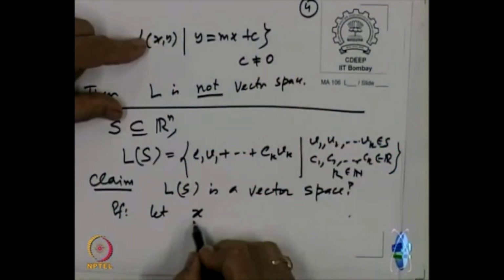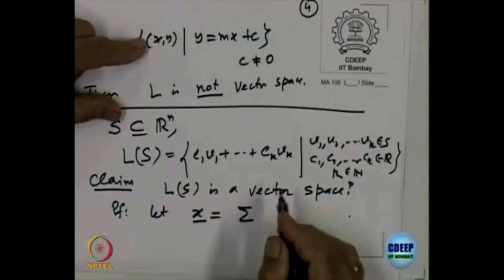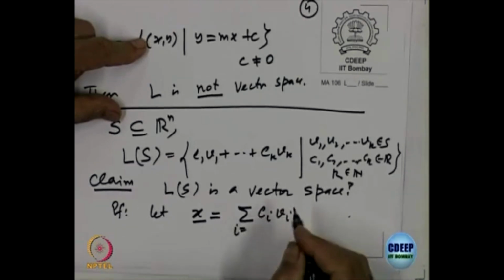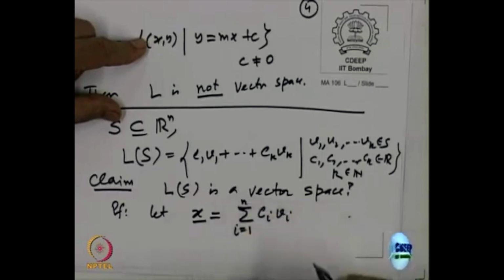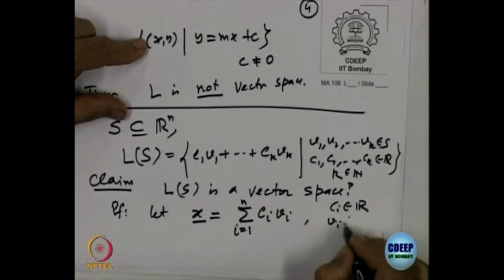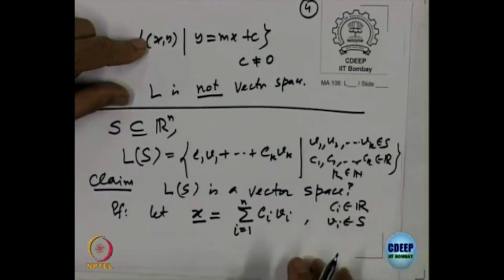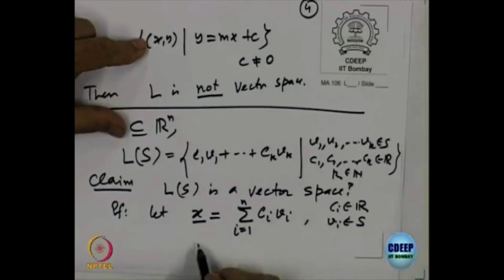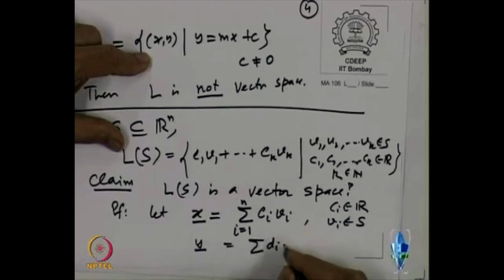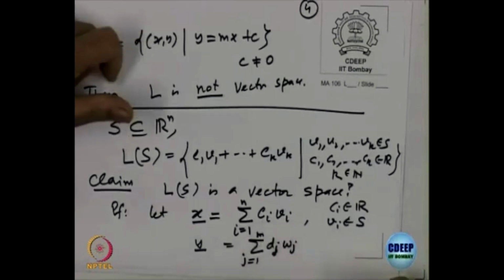So let one element, let us call it a vector x, be equal to sigma, instead of writing dot dot dot, we will start using this notation, sigma Ci Vi, i equal to 1 to n, where Ci's are real numbers, Vi's are vectors in S. Let us take another vector y, which is sigma dj wj, j from 1 to m, we do not know from where to where.